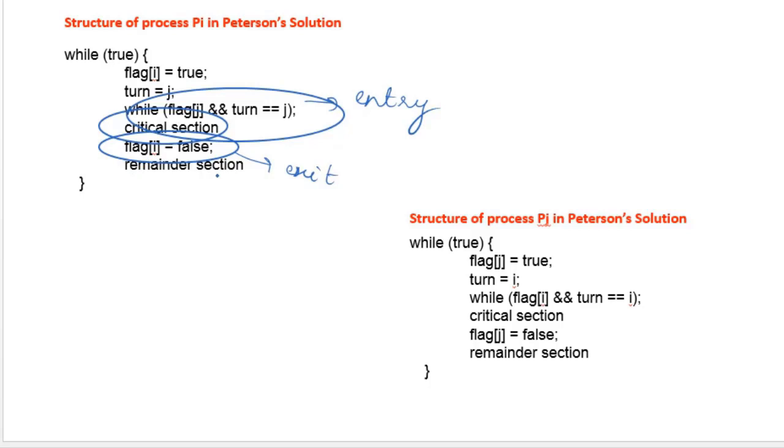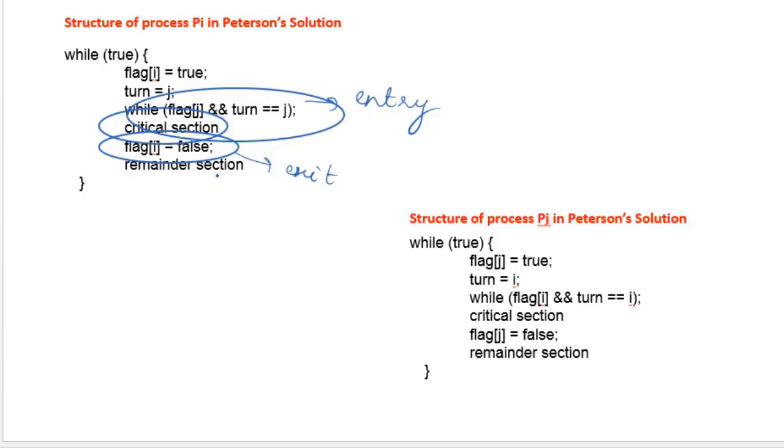And here you can see at the end of our program we have the remainder section. Now let us see how the three requirements of the critical section are being handled by this piece of code here.